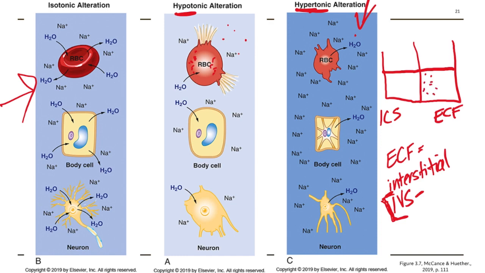We've got a lot of sodium here, and we've got our normal amount inside. So what's going to happen? Again, we want this to be even. We want to balance things out, but we can't move those particles across the membranes. We can't just take this sodium and move it over here. What can we do? We can move the water.